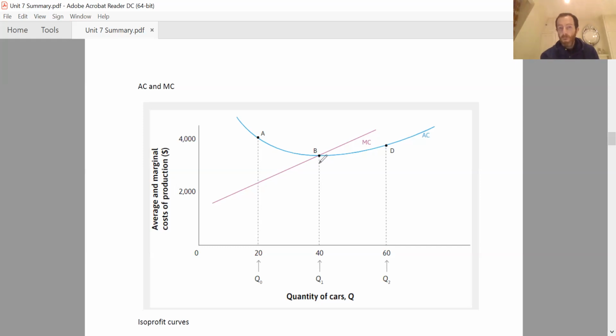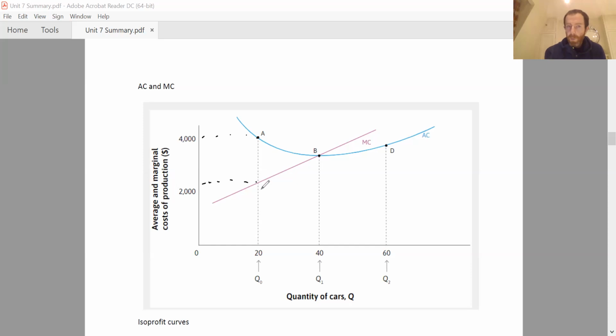And it's really important that you're able to explain why that has to be true. So the way that we can do that is let's consider us being here at quantity 20. And we can see at quantity 20, our average cost is up here around about 4,000. And the marginal cost is down here around about 2,000.